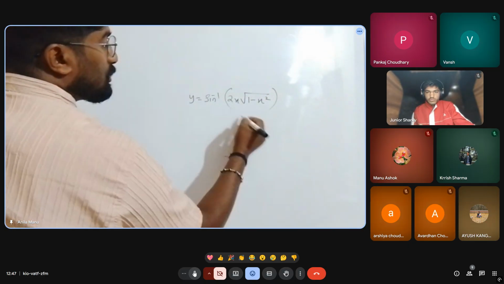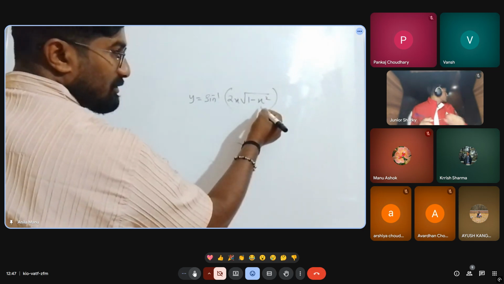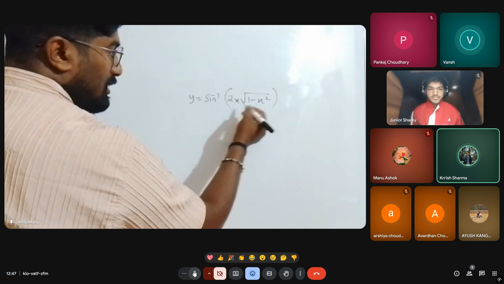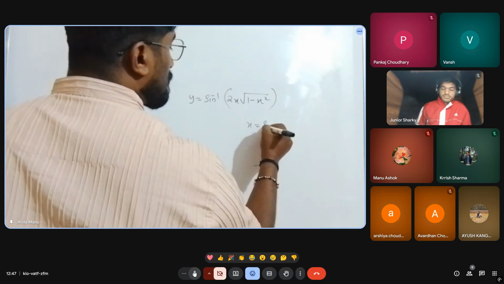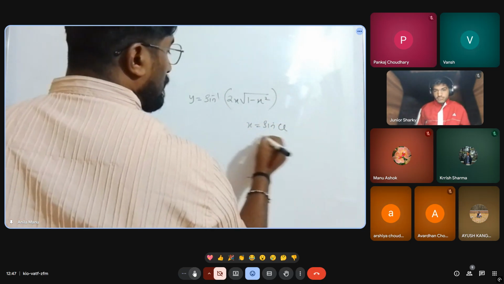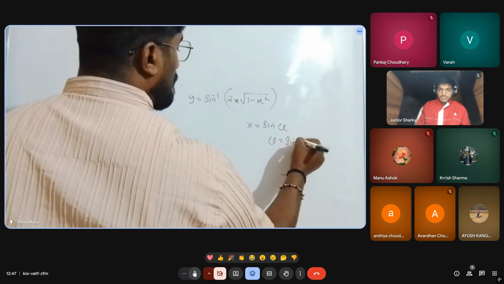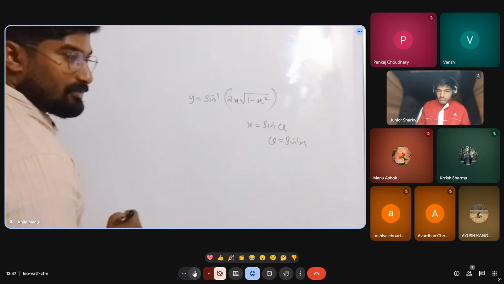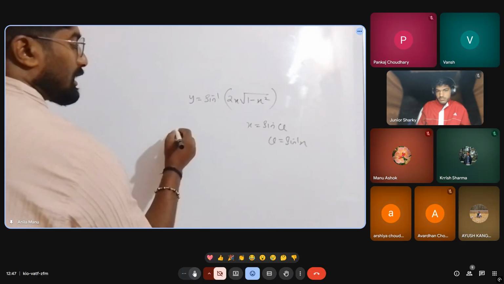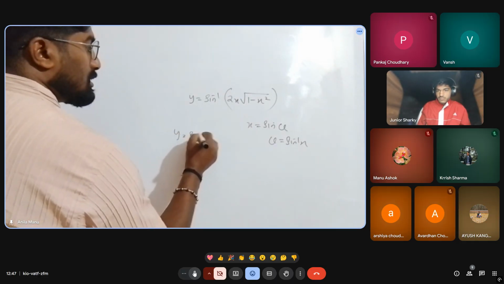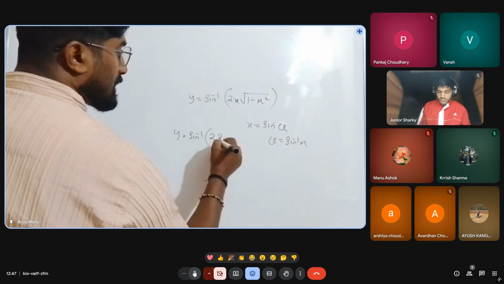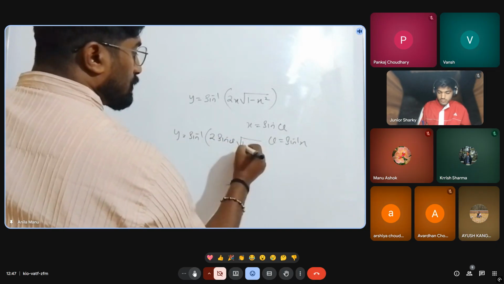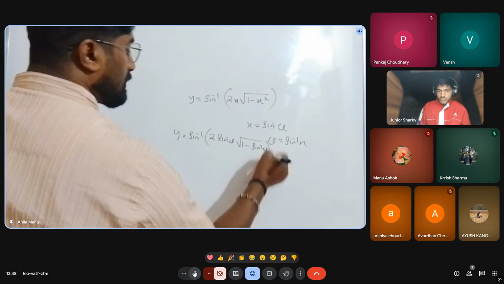Which property is this one? 2 sine x cos x, right? Sine 2 theta. Okay, so take x is equal to sine theta, so theta is equal to sine inverse of x. Then y is equal to sine inverse of 2x square root of 1 minus x square, x is sine theta, square root of 1 minus sine square theta.